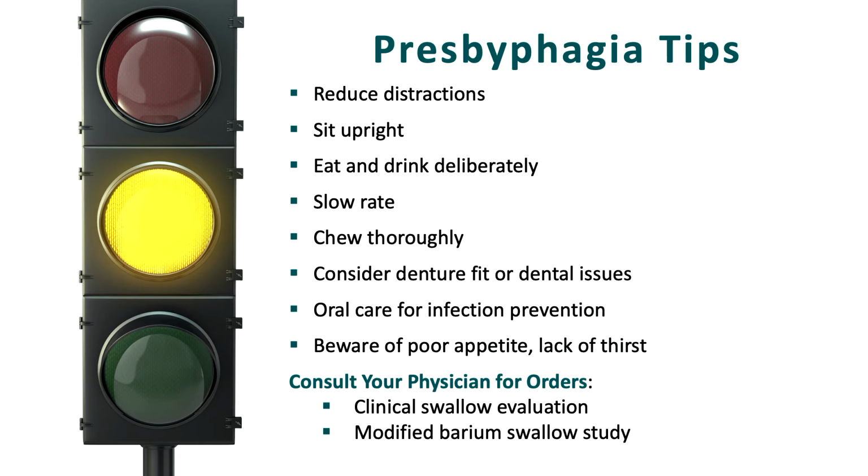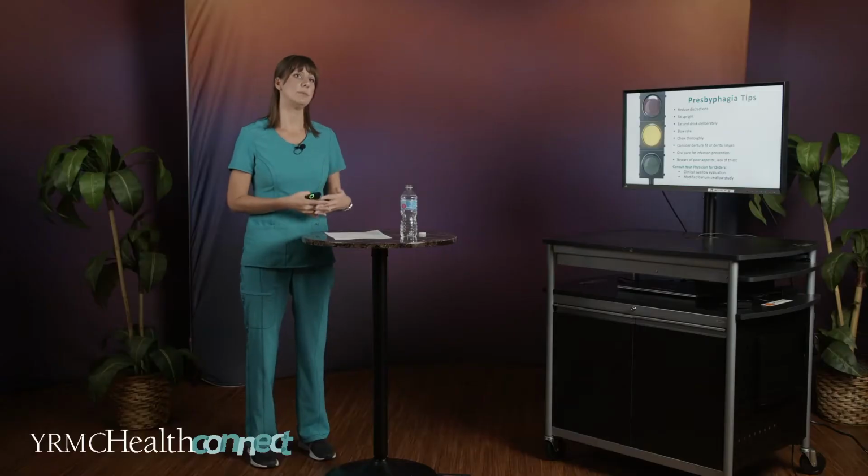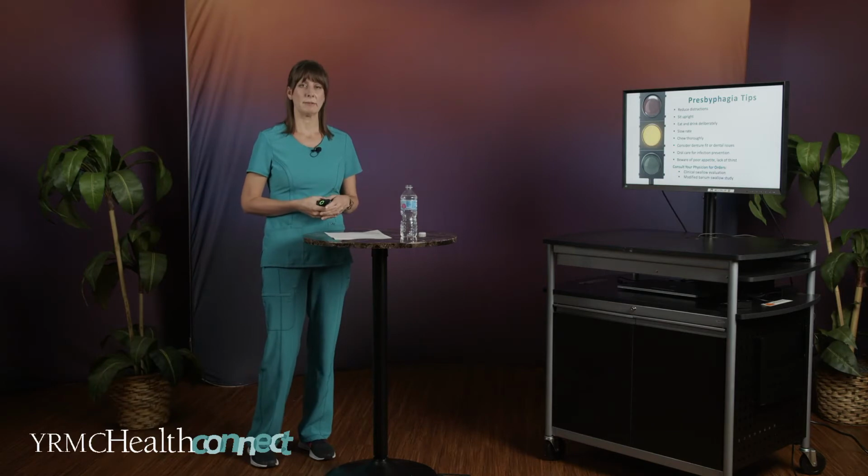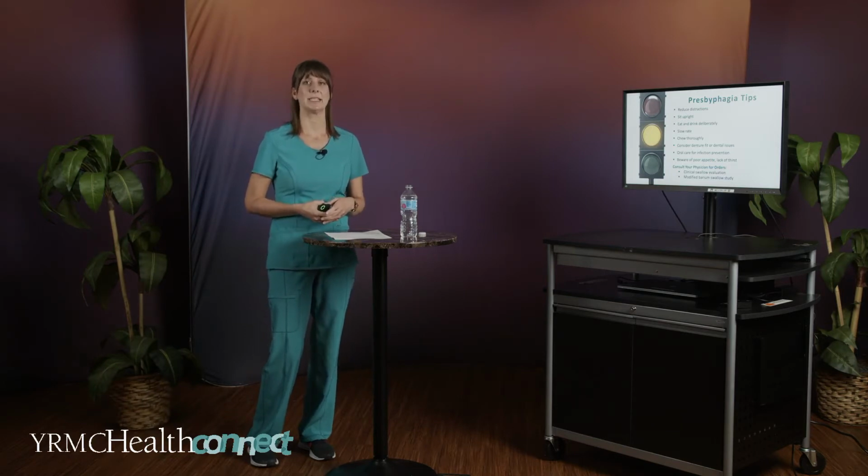That's just going to make it easier on the lungs and the whole system to coordinate breathing and swallowing. Eat and drink deliberately. Really put your attention on the fact that you are swallowing, you are eating and drinking at this time, and try not to be doing too many things at once. Okay, the thing that used to be a very reflexive activity is now requiring more attention.